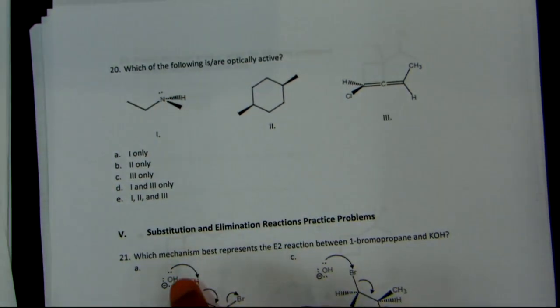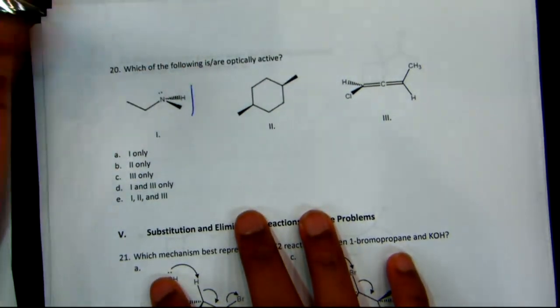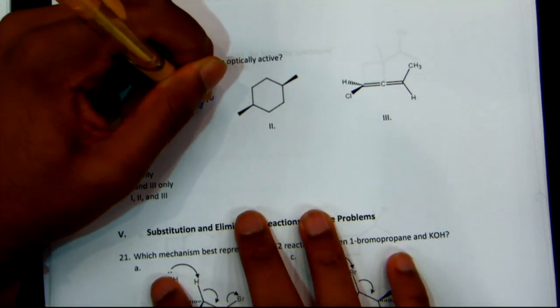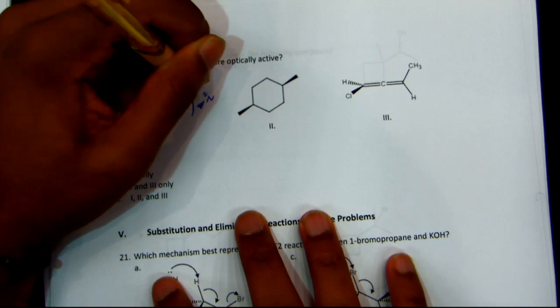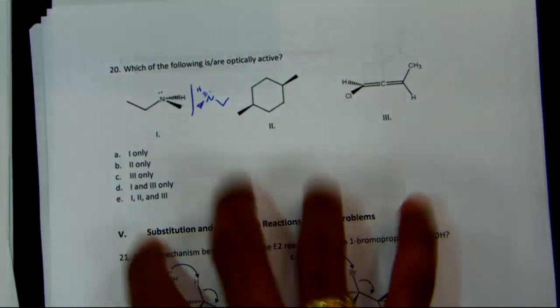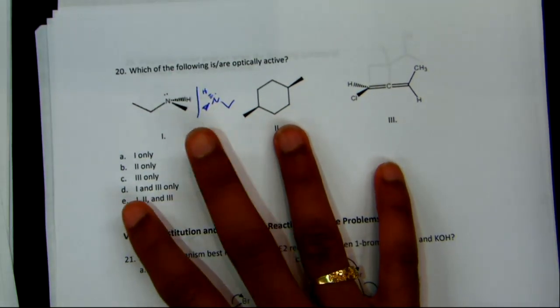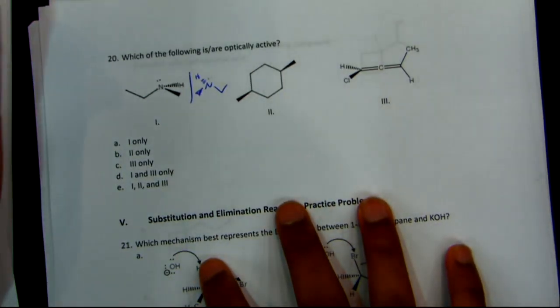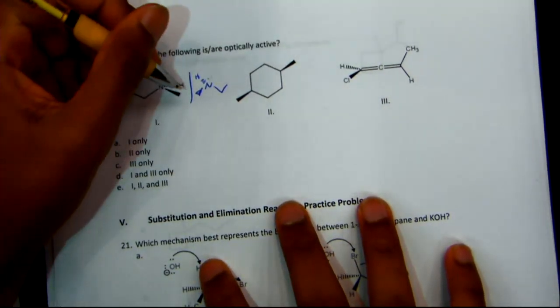And what I mean by that, if I were to draw this, it does have a non-superimposable image, as in it's a mirror image, but is it optically active? This is kind of like a trick for ACS. It's actually not optically active. So this is chiral, but it's not optically active.